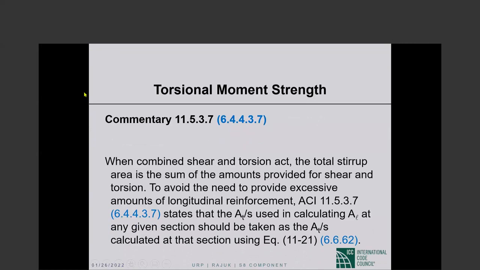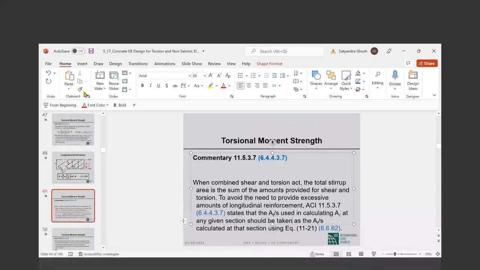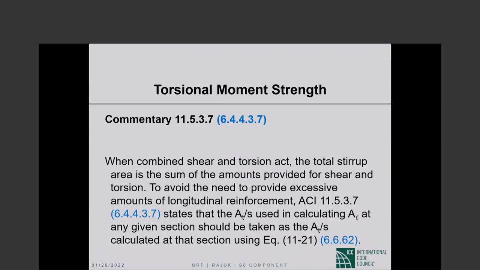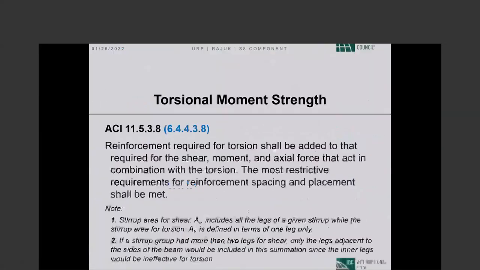So A sub T over S used in the calculation of A sub L at any given section should be taken as the A sub T over S calculated at this. I told you that you will use the same value as in the calculation of T sub N.